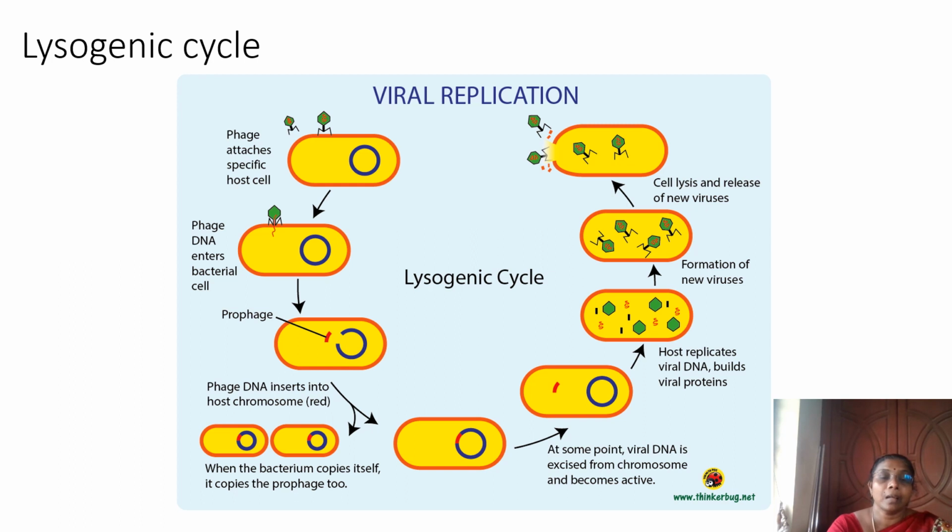You can see here the viral genome is integrated with the bacterial genome. Then the viral genome divides along with the bacterial genome, and it goes on like that. After some time, during favorable conditions, the viral genome once again detaches from the bacterial genome.